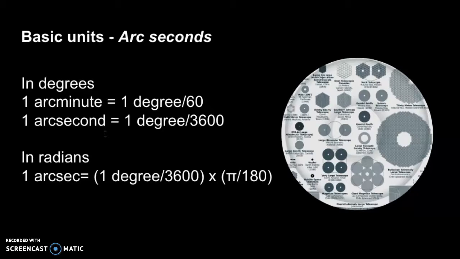If you're using radians, which is also very important, we use the same premise. 1 arc second in radians would be exactly the same as degrees, but you would factor in the radian conversion by dividing by pi over 180. So if you needed to express something in terms of arc minutes, you treat them like degrees, and then you just convert them into radians using pi over 180.